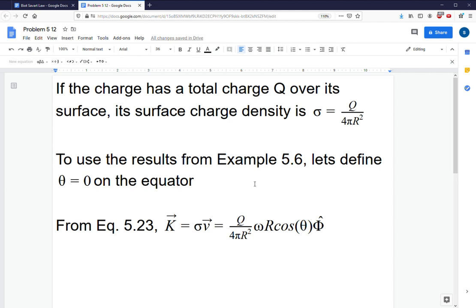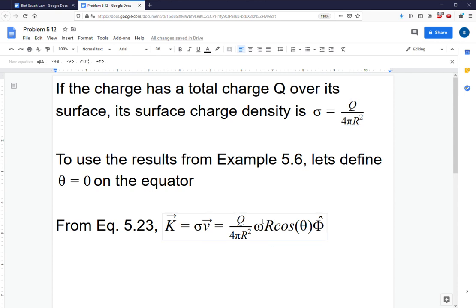Sigma we can say is the total charge divided by the total surface area, Q over 4 pi r squared. And v is the linear velocity of a piece of that strip. Since this sphere is rotating at a constant angular rate omega, v is equal to r times omega, but a different r, not necessarily this r.